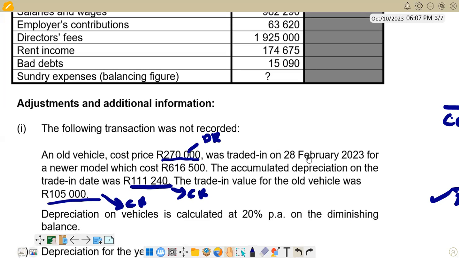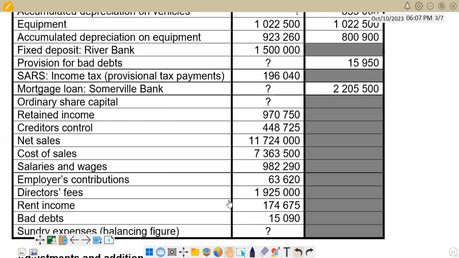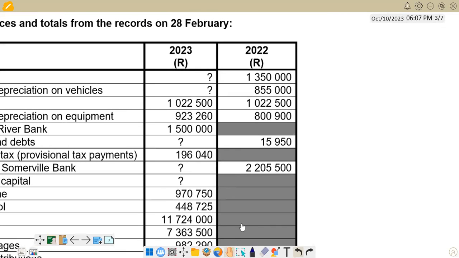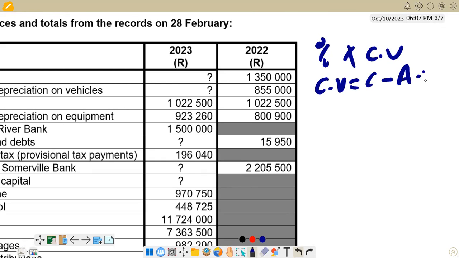When we are using the diminishing balance method, the formula is percentage times the carrying value, where the carrying value is equal to cost minus accumulated depreciation. So in this case, we have to first find the carrying value. Our cost is 1,350,000. Then we subtract the accumulated depreciation that we are given, which is 855,000.